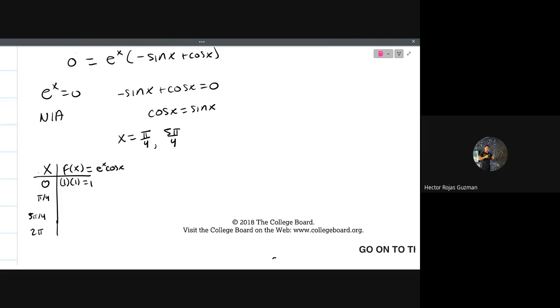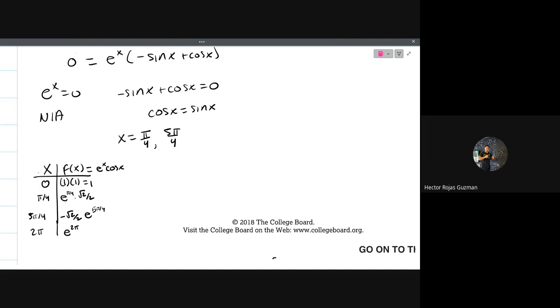Plug in pi over 4, you get e to the pi over 4 times square root of 2 over 2. Plug in 5 pi over 4. Well, cosine of 5 pi over 4 is negative square root of 2 over 2. And if you plug in 2 pi, cosine of 2 pi is 1. Oh, wait, it's not e to the x. Silly me. It's e to the 2 pi.